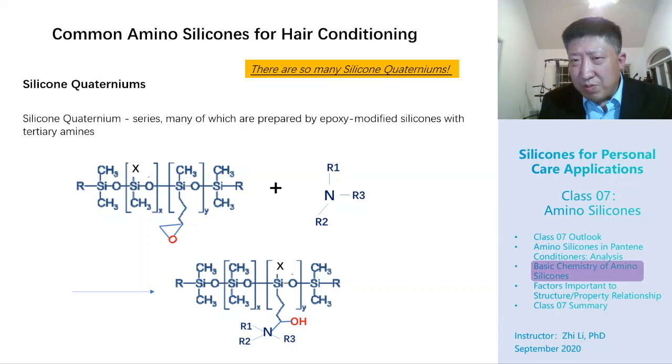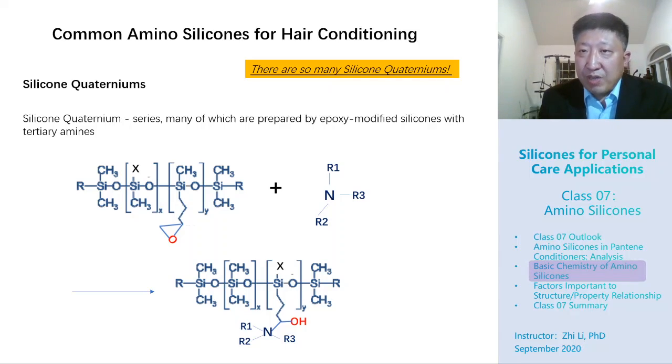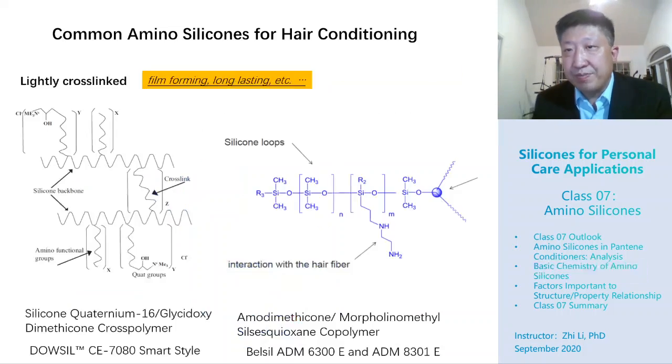This epoxy could react with either primary or secondary amine, but when reacting with tertiary amine, it forms a permanent charge quaternary group. Of course, if you react with a secondary amine, you're going to have a tertiary amine group functionalized. The majority of those silicone quaternium series are made by this particular reaction. And if you spend some time with the INCI dictionary, you're going to learn more about it.